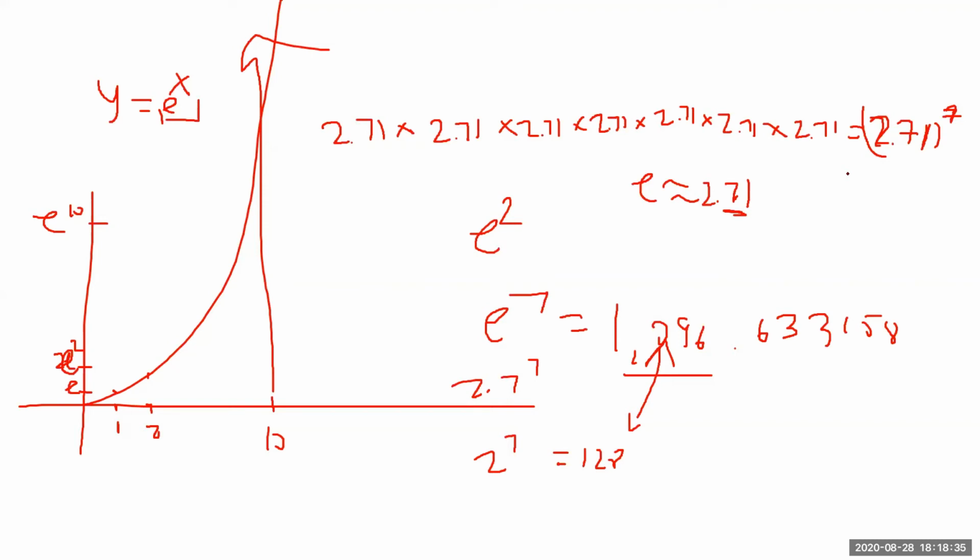Pi times e is not that big, 3 times 3 almost. Try e to the pi power. I don't know if you can do that, but e to the pi power.